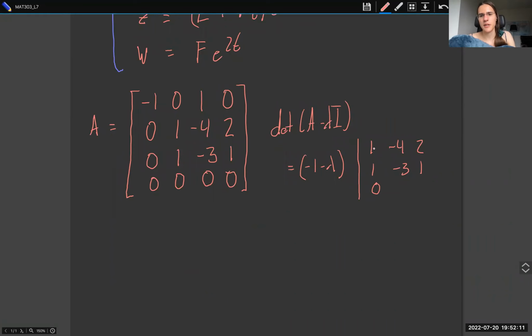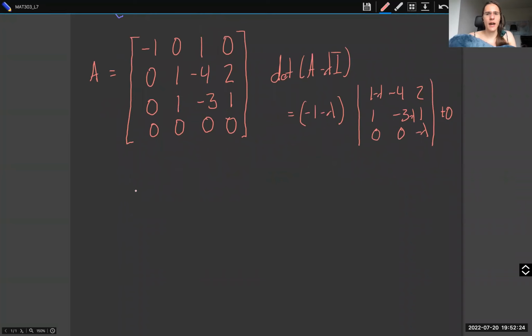Sorry, there are minus lambdas here. Otherwise, we'd have a 0 row and then it would be 0, but it's not 0. And then this is +0. Okay, so let's just take this minus sign out, lambda +1. And then what we're going to do is sort of the diagonal things with teleportation. And here we're going to get.